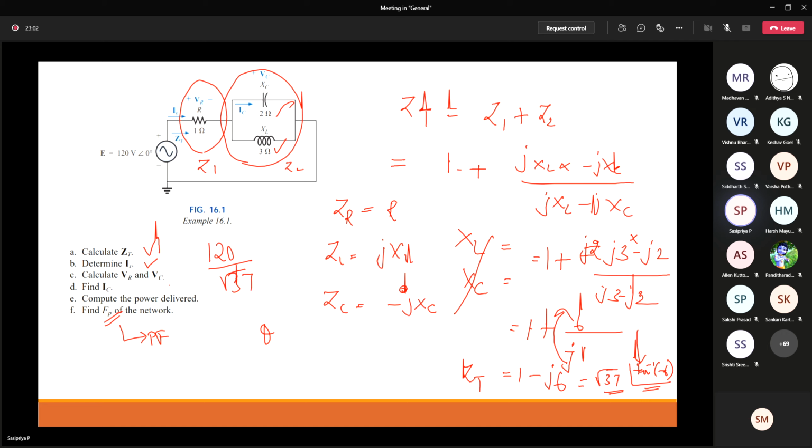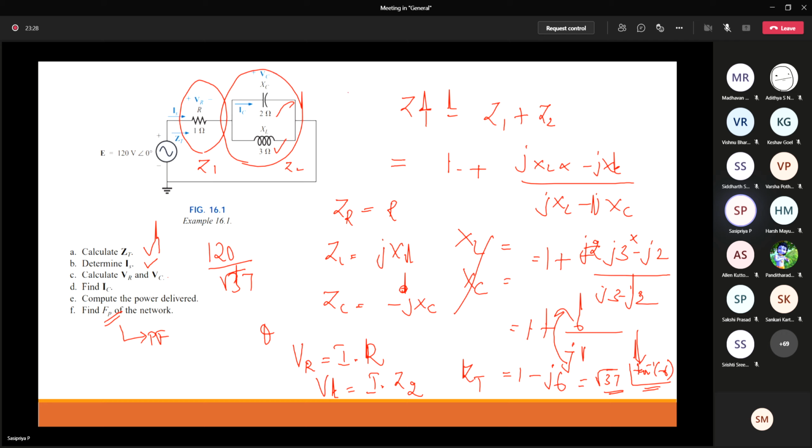Then calculate VR and VC. The total voltage is divided between VR and VC, right? After calculating I, VR is going to be I multiplied by R, because this is a series network and the same current flows. For VC, I multiplied by Z2. What is Z2?